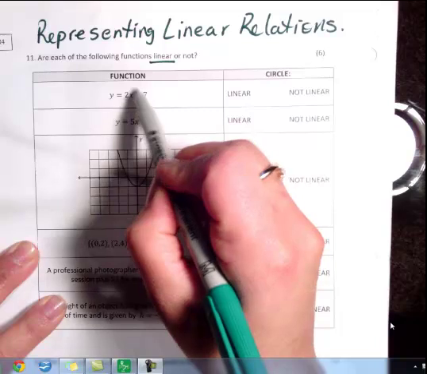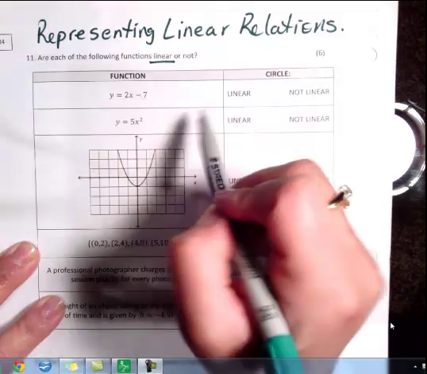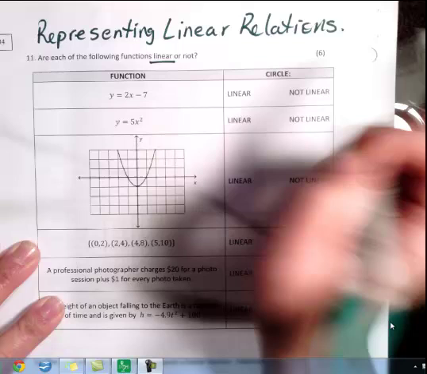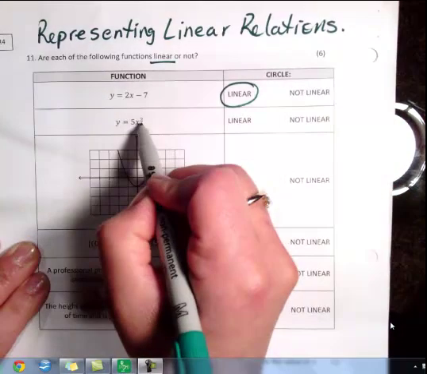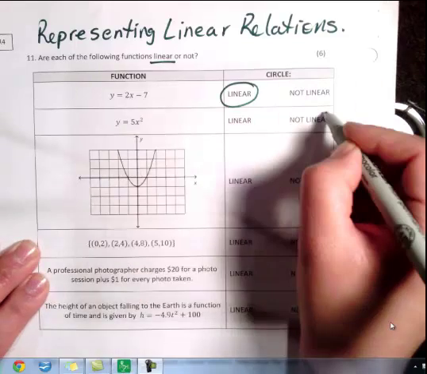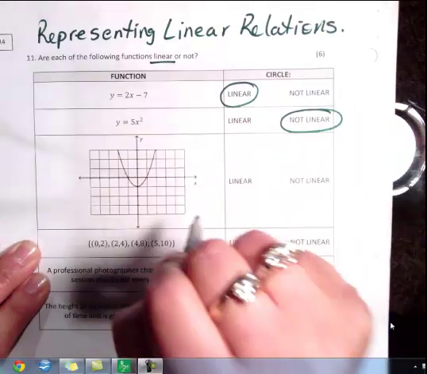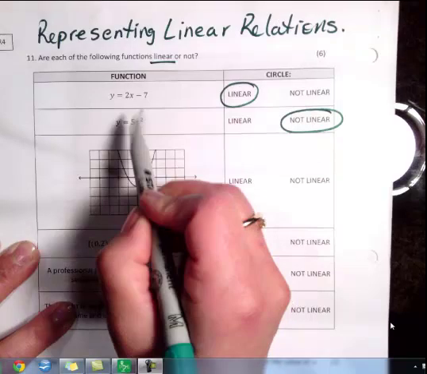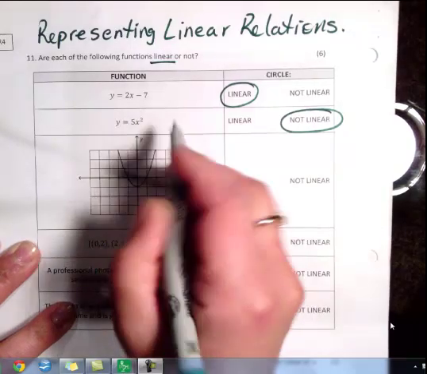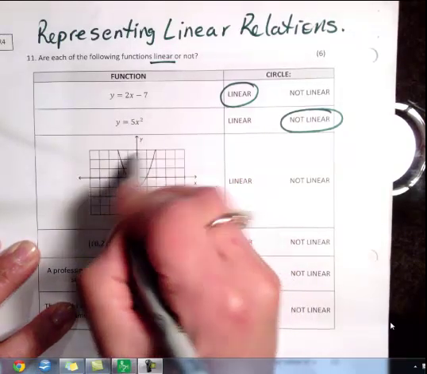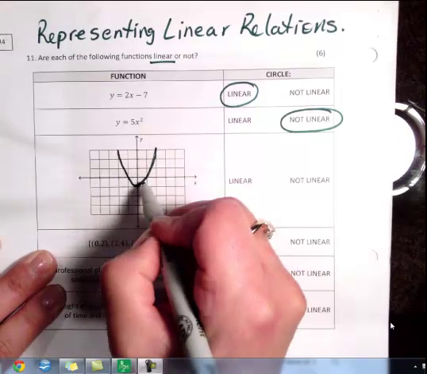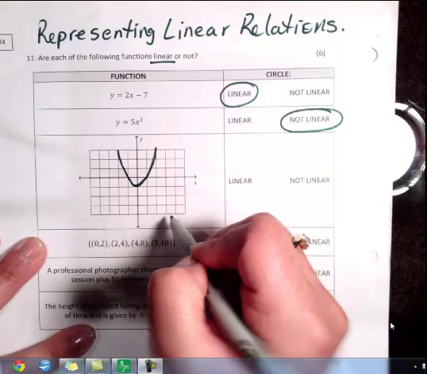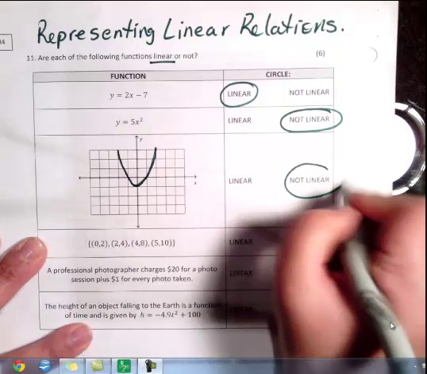Notice the exponent on the x, there isn't one, so it means that it's just a 1. So that's how we know that that's linear. This has an exponent of x squared. That makes it a quadratic. That is not linear. This is kind of what this graph looks like. This equation has an x squared in it right here. And we see that, well, it's clearly going this way, right? That looks nothing like a straight line. That is not linear.